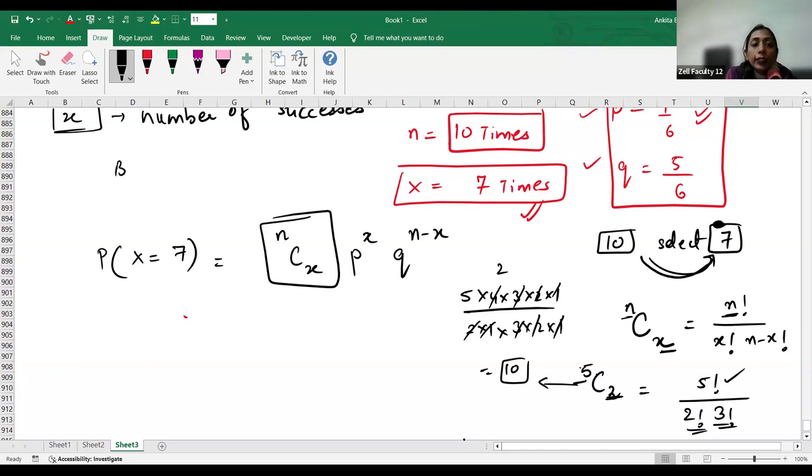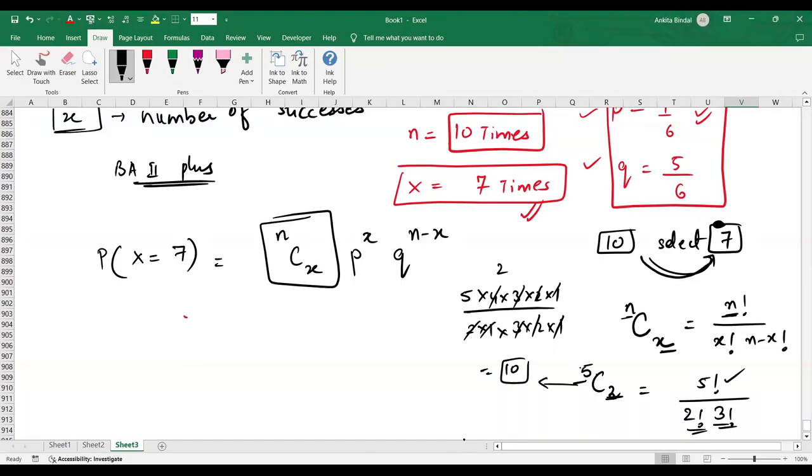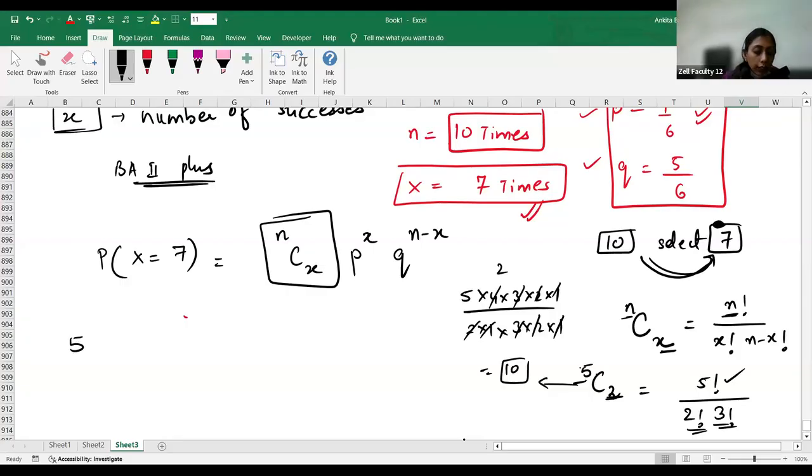In your BA II Plus calculator also, I will tell you how to use this. So go to your calculator. Do you have your calculators downloaded, either the physical one or...? Yes, ma'am. So what you have to do is write 5 on the calculator.